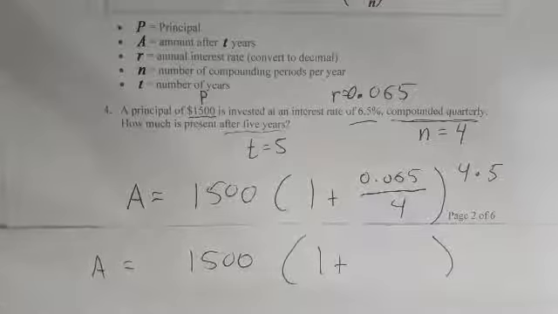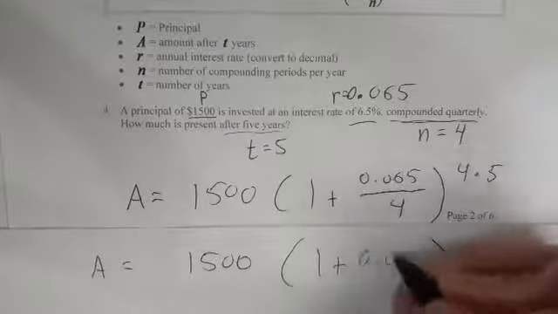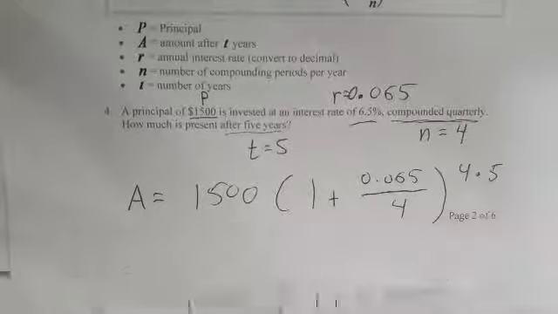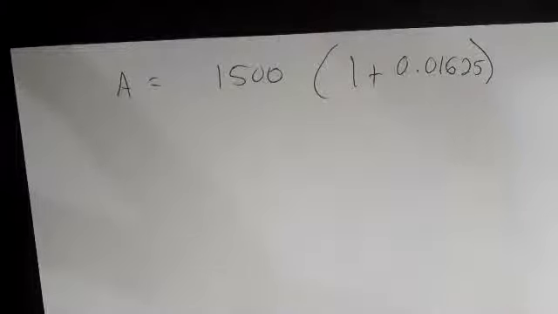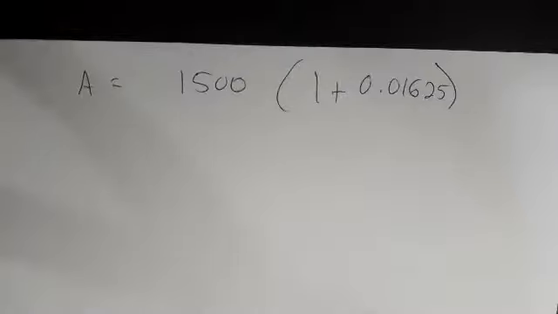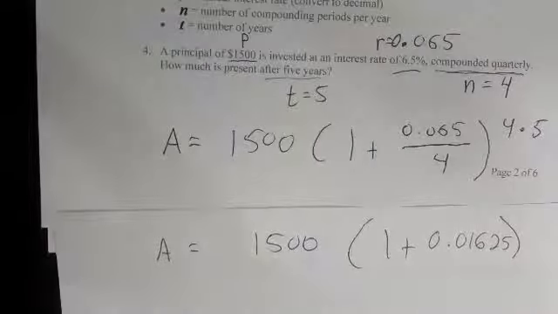So the first thing I'm doing is 0.065, and I'm dividing that by 4. So this is giving me 0.01625. Ooh, drop that. And if I go back and look at this, let's see if I can fix this a little bit.